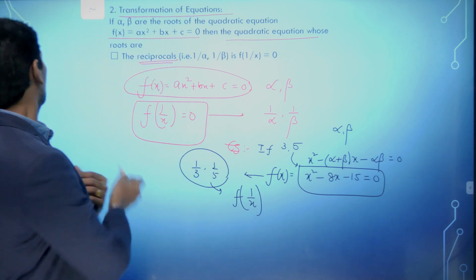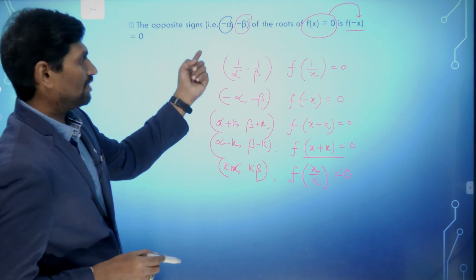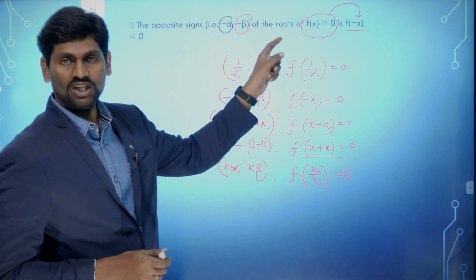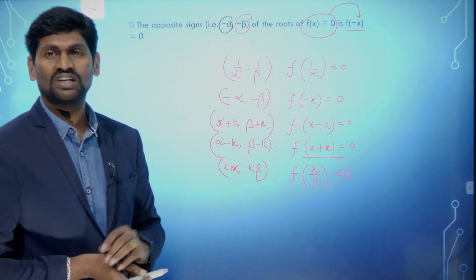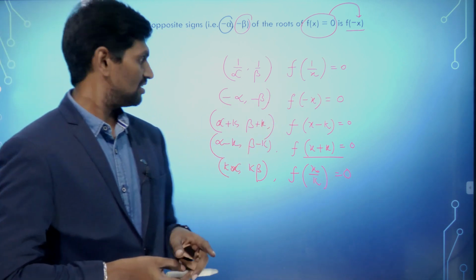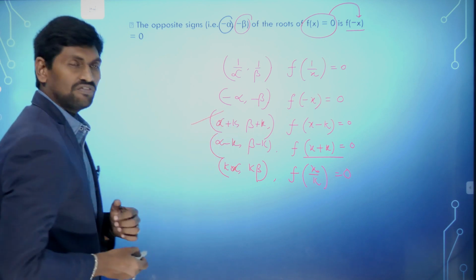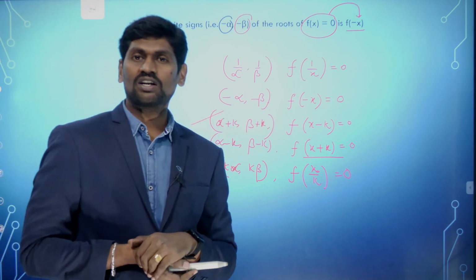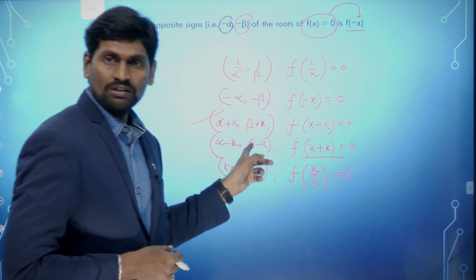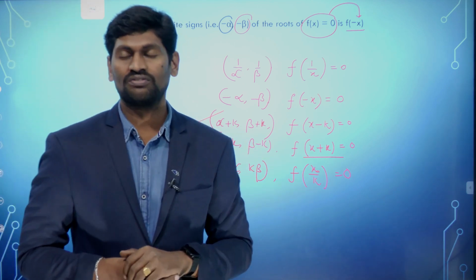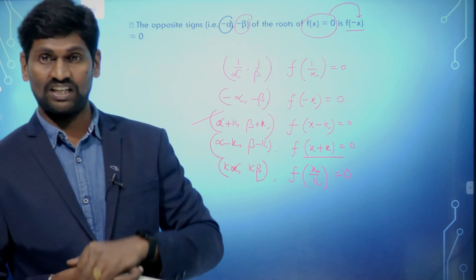Same way, alpha, beta are roots of f of x, the quadratic equation general form. Then minus alpha, minus beta are roots of f of minus x. Next, alpha, beta are roots of f of x, then alpha plus k, beta plus k are roots of f of x minus k.